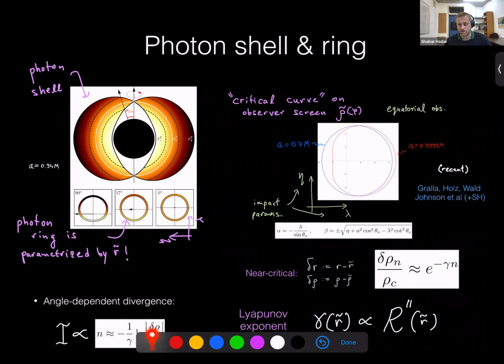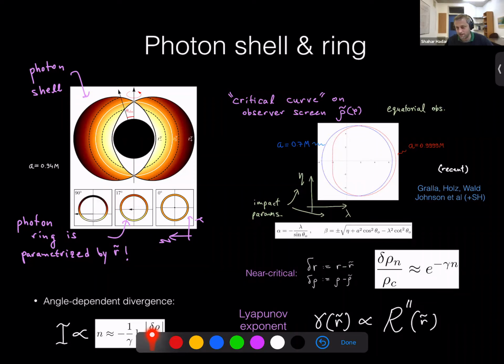That happens because it's this marginal case. But I think intuitively it's clear that we can have an orbit that comes from infinity and just asymptotes to a photon shell radius in the far future, or the other way around by time reversal. The point I want to make, which is confusing to understand initially, is that different radii in the photon shell actually correspond to different angles along this critical curve.